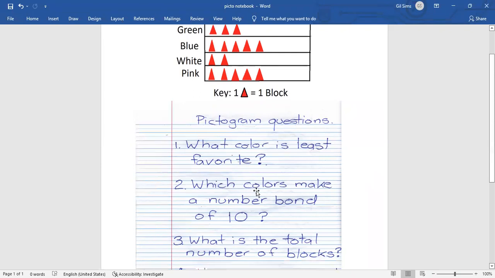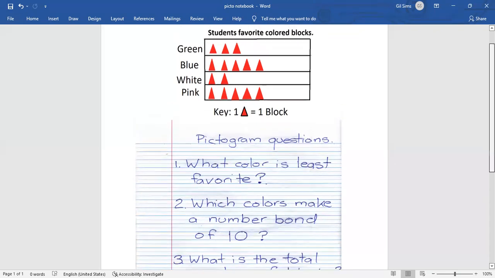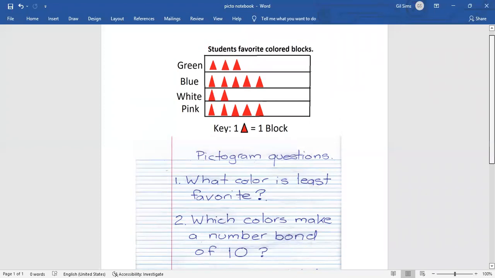Which colours make a number bond of 10? Who remembers their number bond? Numbers that add up to 10. Which two colours would add up to 10? Is it 3 and 5? No. 5 and 2?